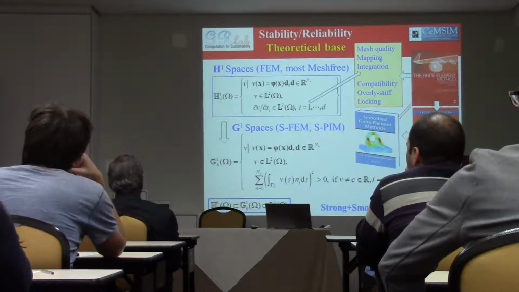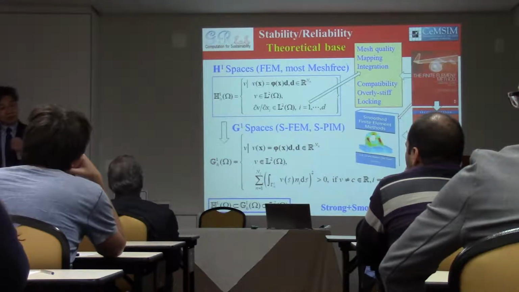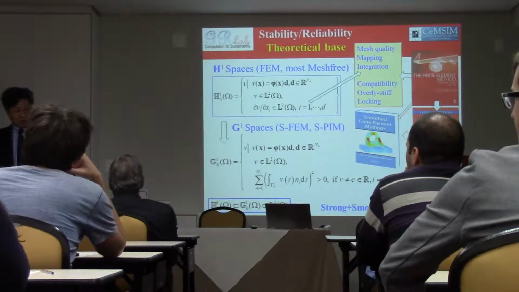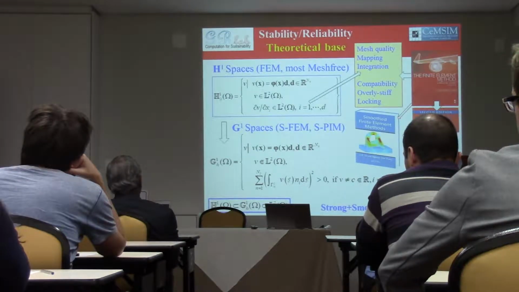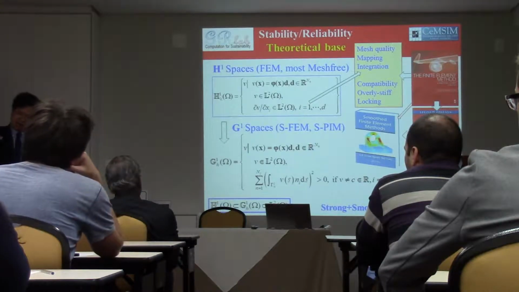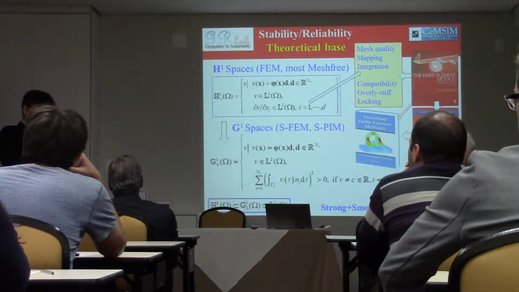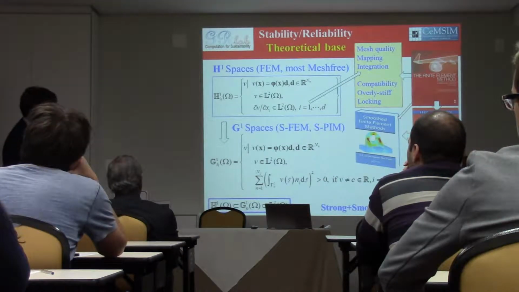It's because the weak statement usually produces a model that behaves very stiff. So if you use a triangular element with linear interpolation, that results in a model that is very, very stiff, and you can have locking, overly stiff behavior, and all sorts of problems. Therefore, when people use FEM, most people choose to use quadratic elements. That's the reason for that.